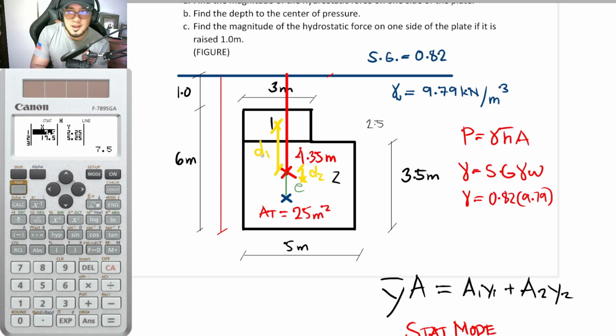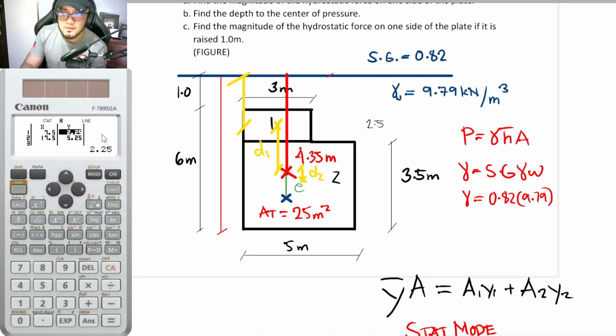Considering a while ago that what we put here was measured from the surface up until the respective centroids, and we already solved that from the surface up until the centroid of the whole figure is 4.35.